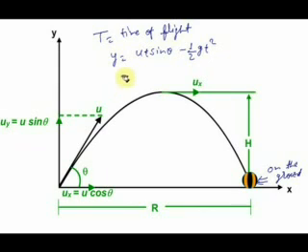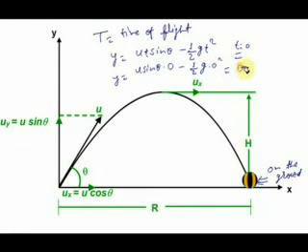Now as you can see, the displacement along the y direction will be 0 at time t is equal to 0, because if you put t is equal to 0 in this formula, you will get y is equal to u sin theta into 0 minus half g into 0 square, which is equal to 0.